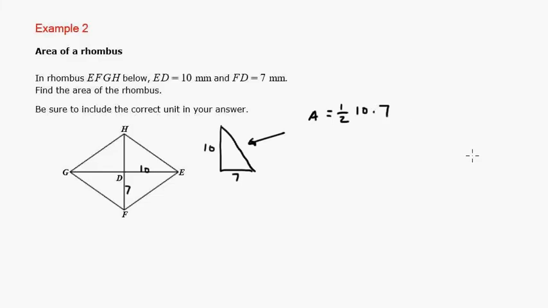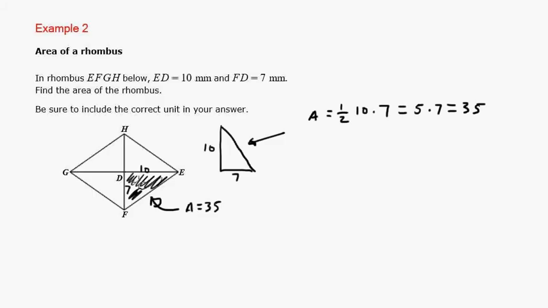Half of 10 is 5, and 5 times 7 is 35. So the area for this triangle is 35.